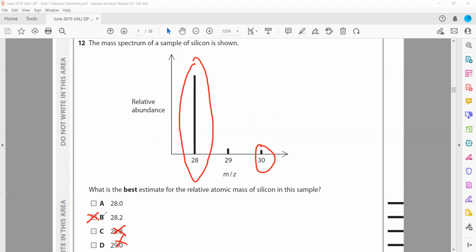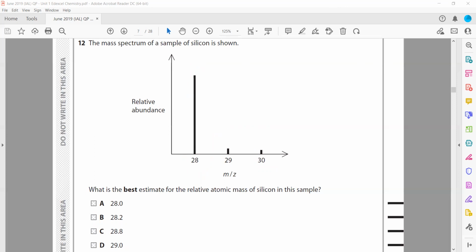So you can use a ruler, measure the length and work out the relative atomic mass, or you can also use your understanding of the average. If two values are equal, then the average will be the number in between them. But if two values are not equal, and one has a higher percentage abundance than the other, the average will be more towards that one, here 28.